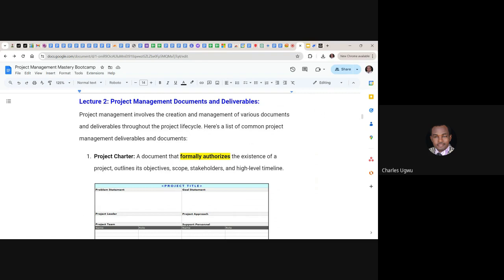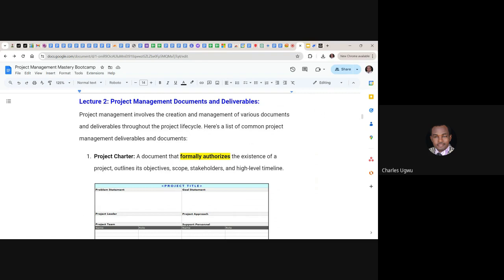In my organization, there are so many projects I've been part of without a project charter, and I always raise it up that we need to have one. Private organizations might not really bother about the project charter, but it's very important.